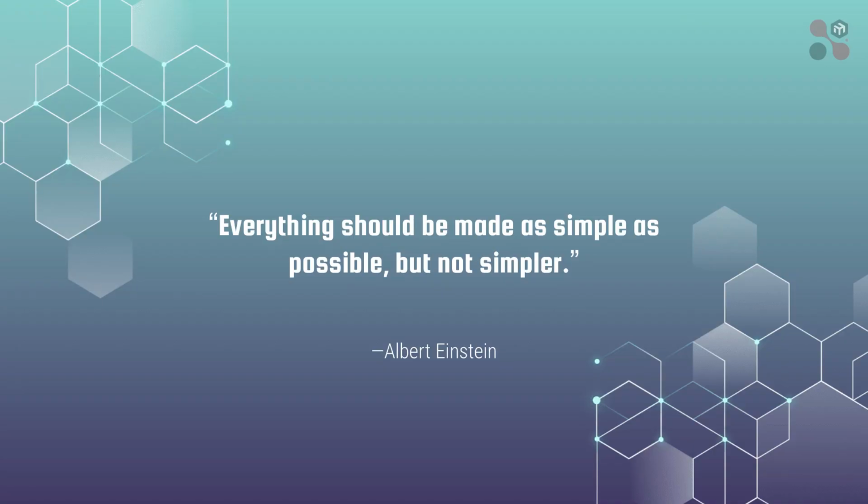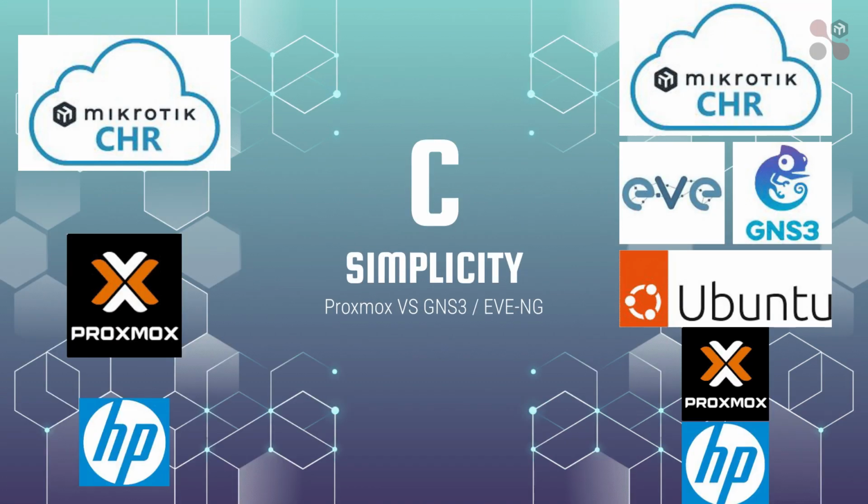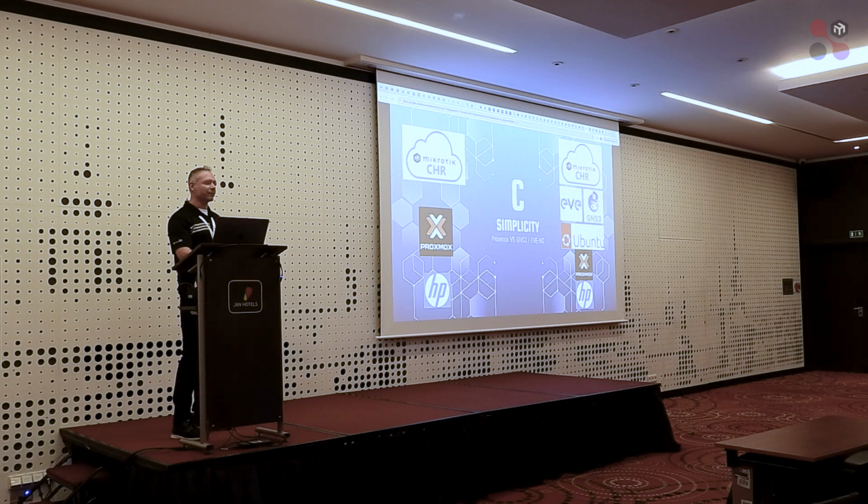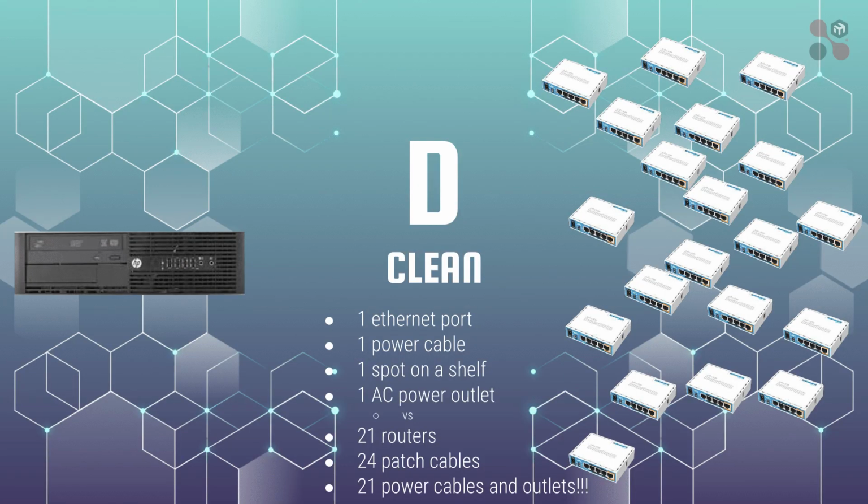So I thought, one of my heroes said everything should be made as simple as possible, but not simpler. I looked at these stacks and thought, can I just drop a MikroTik CHR right on top of Proxmox and have the hardware underneath, instead of those additional layers of Ubuntu and EVE-NG? And what I found is, yeah, absolutely you can.